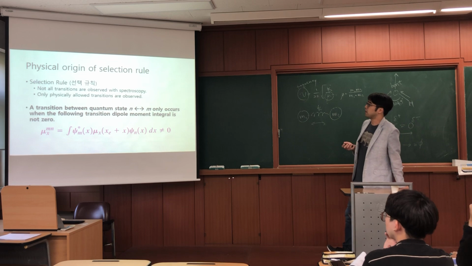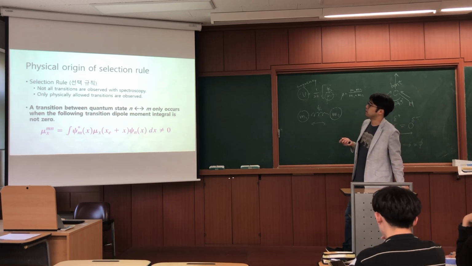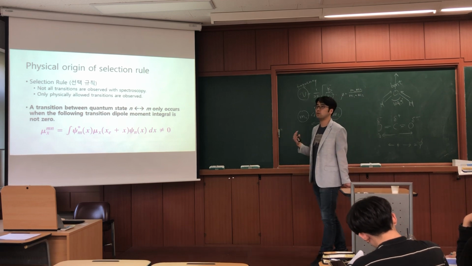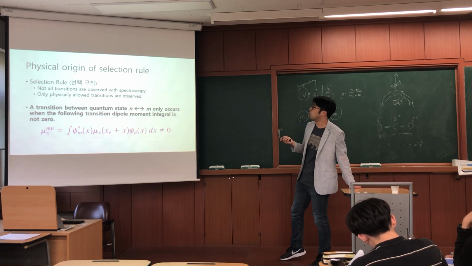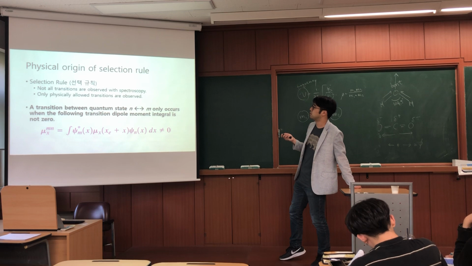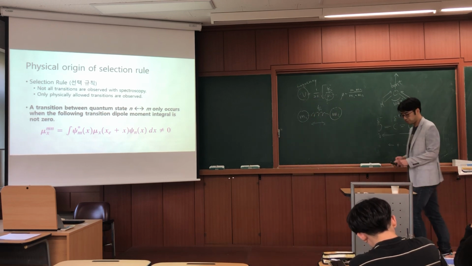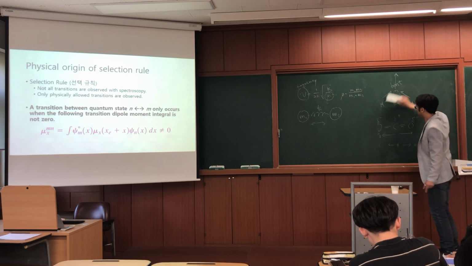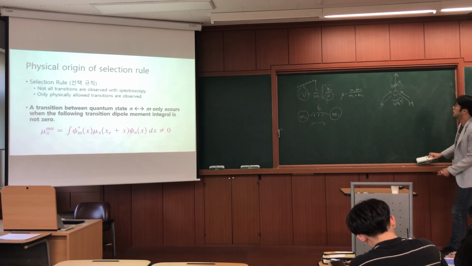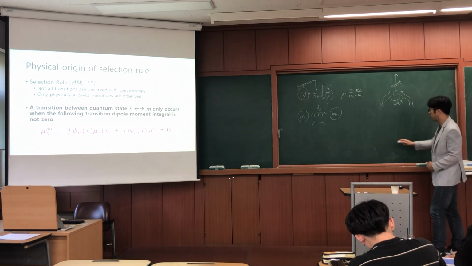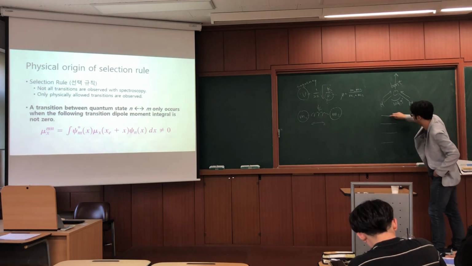But in spectroscopy, there is a very important rule called the selection rule. The selection rule means not all transitions are observed with spectroscopy. Molecules can vibrate in several ways, and they have multiple energy levels, right?